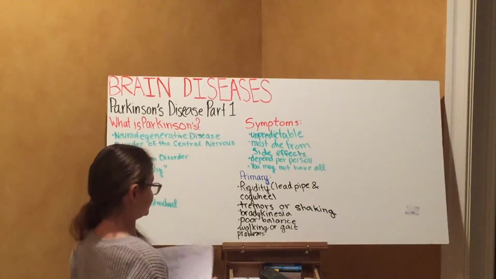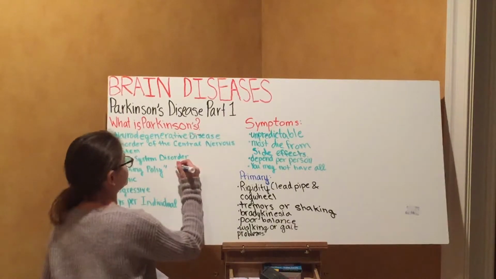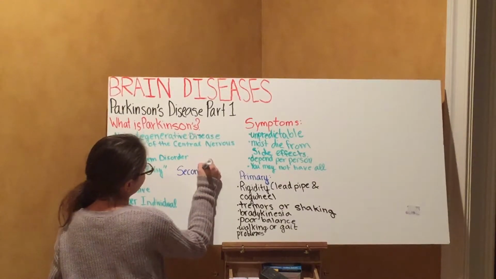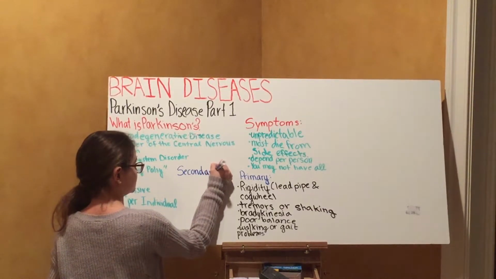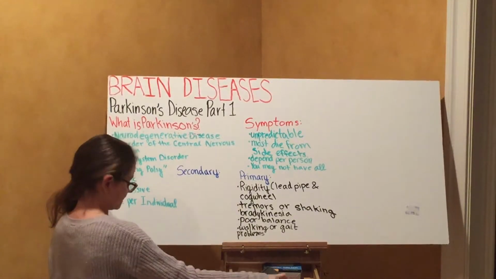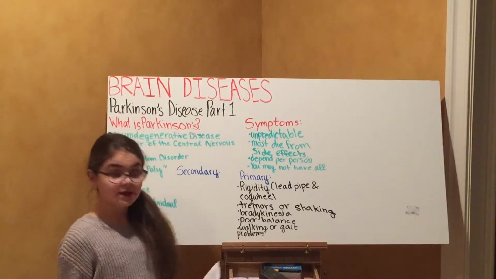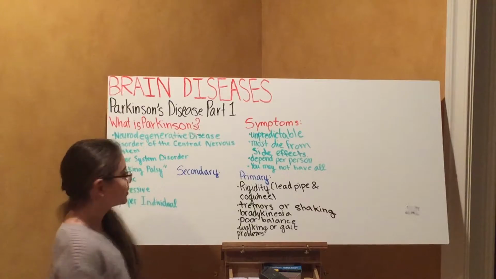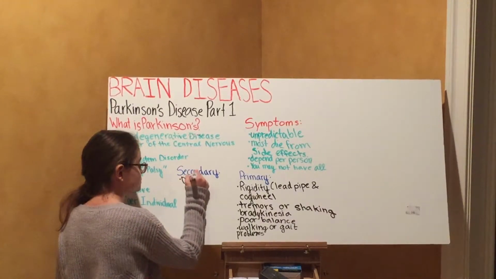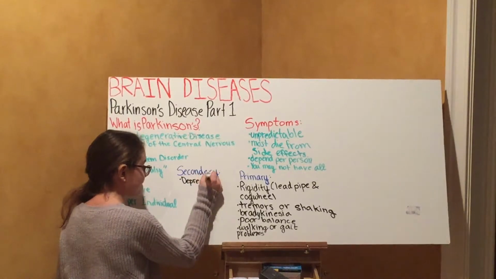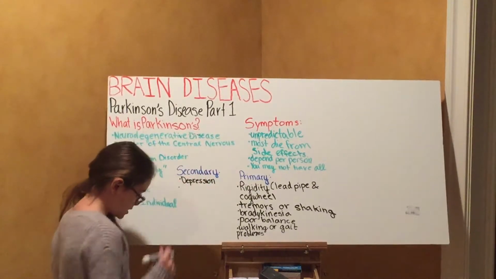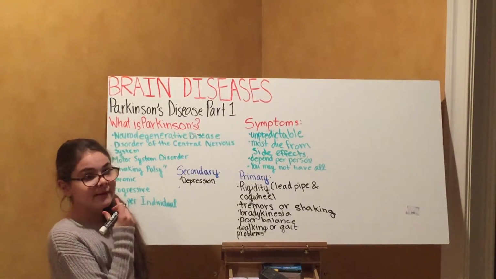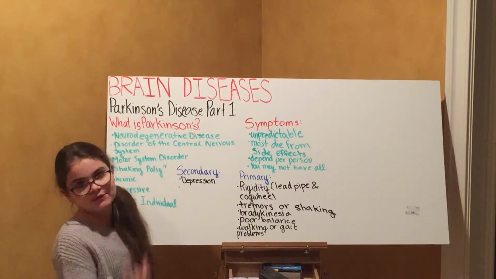Now let's move on to the secondary symptoms. I'll write these here. So, the secondary symptoms are depression, and 50% of people who have Parkinson's disease suffer from depression. Many people have speech problems because the muscles around the face area will start to stiffen up.